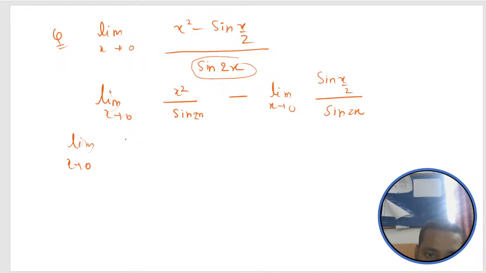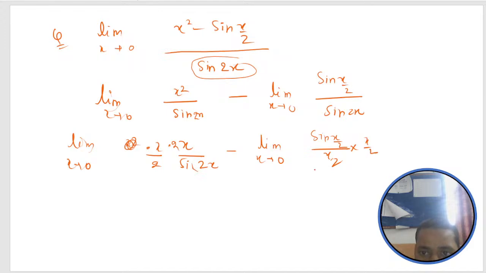You can write x square as x times x upon sin 2x, and you can divide by 2 and multiply by 2. So x square and 2, minus limit x tending to 0 of sin(x/2), multiplied and divided by sin 2x upon 2x.